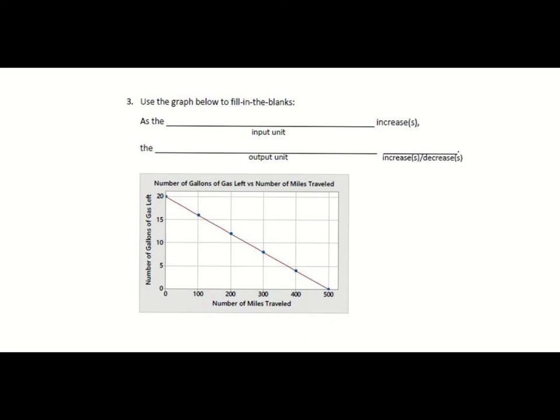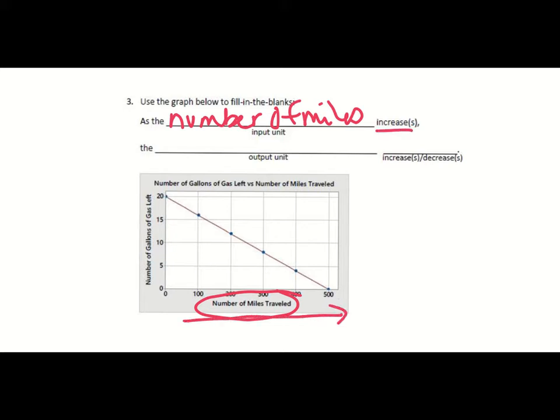On number 3, here's my input. As my number of miles increases, because you're always getting bigger numbers on your x-axis, my output here is my number of gallons of gas.